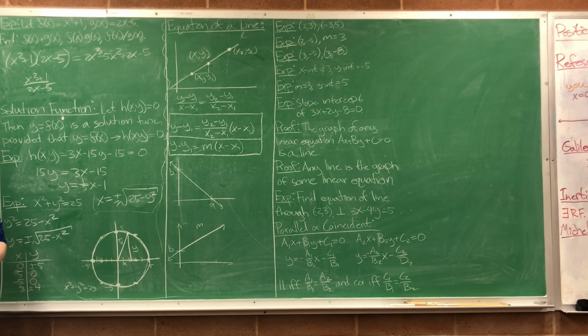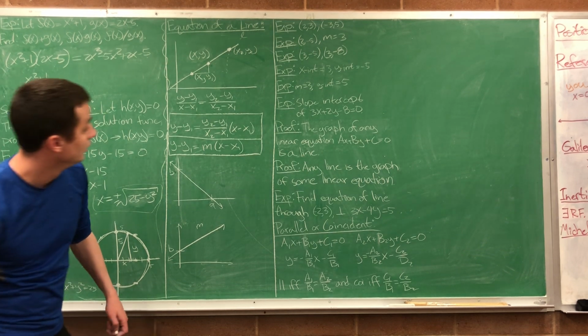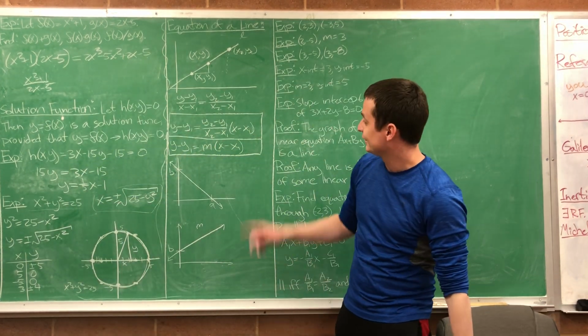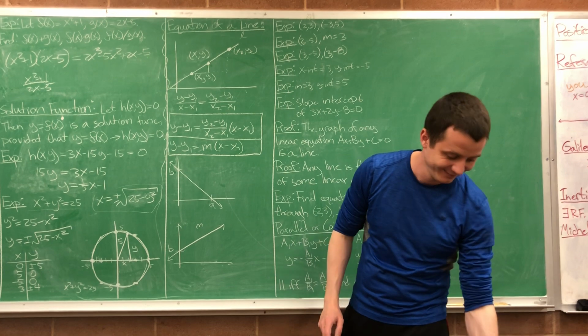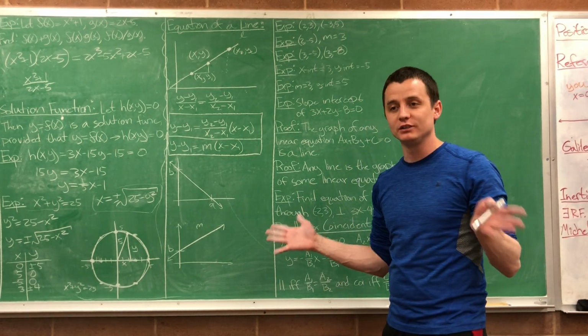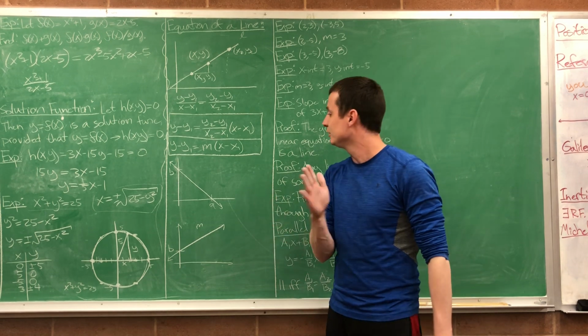This is the point slope formula, and that's the 2-point formula. Do they give you the exact same thing? Yes, every equation of a line does. They all give you the equation of a line.